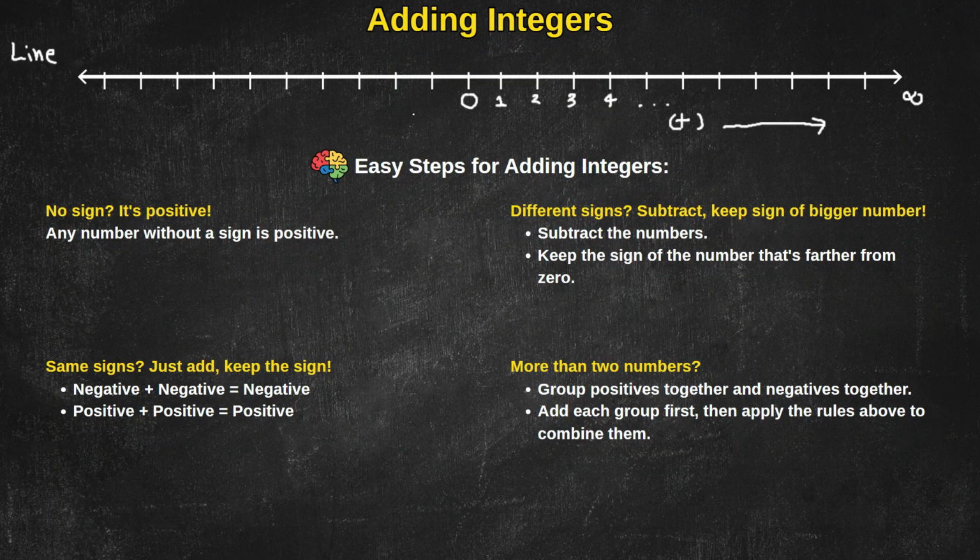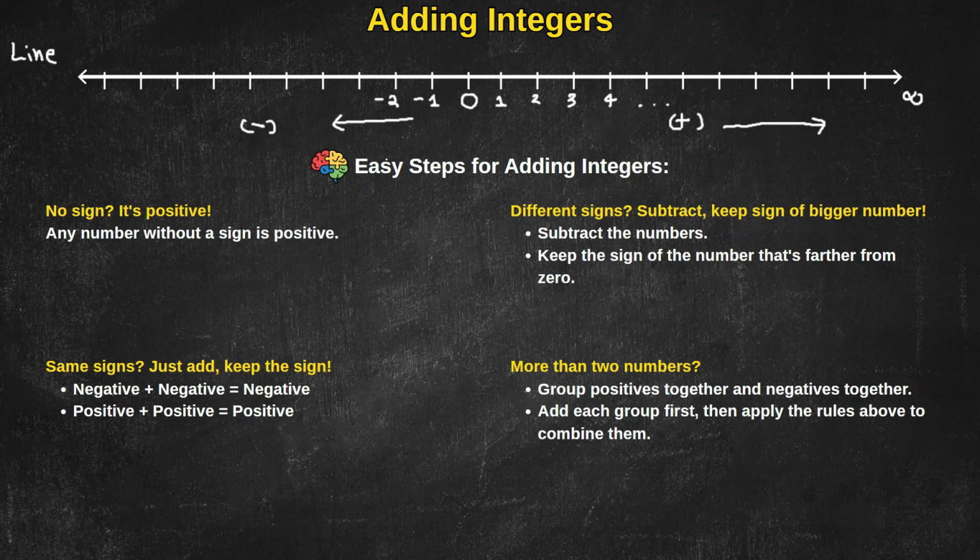Now, on the other hand, we have our negative integers. These are negative. If you move towards the left, the number increases, but increases in a way that the number gets smaller. So it's a big, small number.